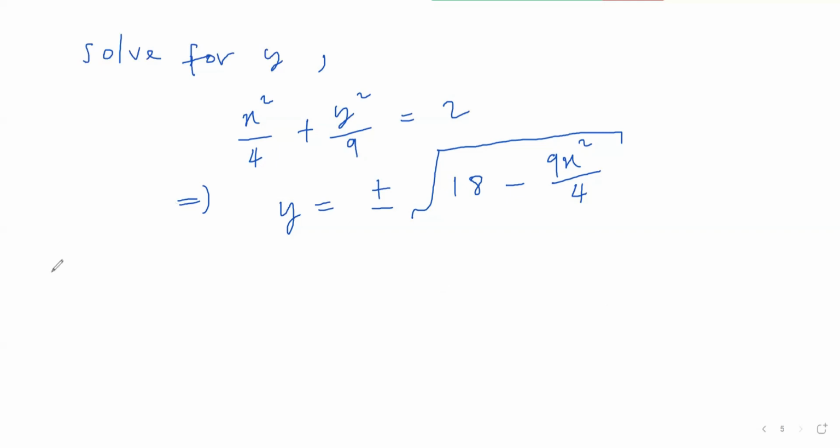So therefore, when x is equal to 2, that implies that y is equal to plus minus the square root of 18 minus 9 multiplied by 2 squared over 4.